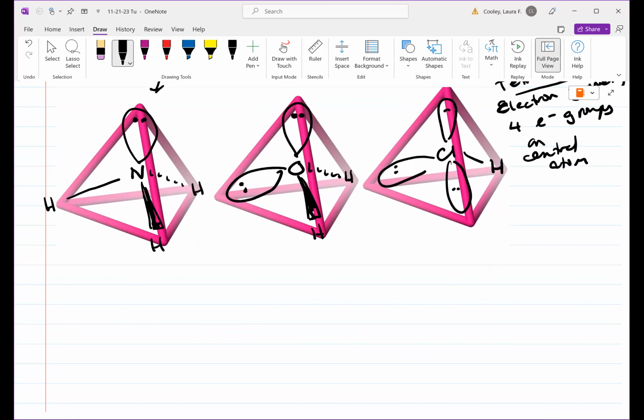So for example, for the NH3, we're really only concerned with this being the structure of the molecule. It doesn't have the lone pair, right? So we have different categories that we put these things in. So for methane, here's our methane again, with the 4 single bonds.